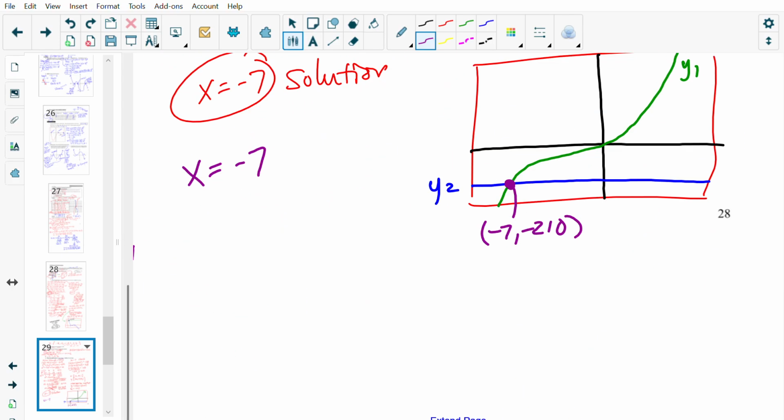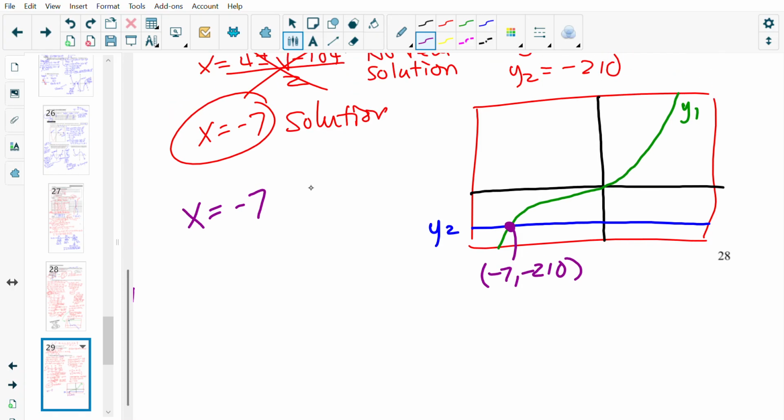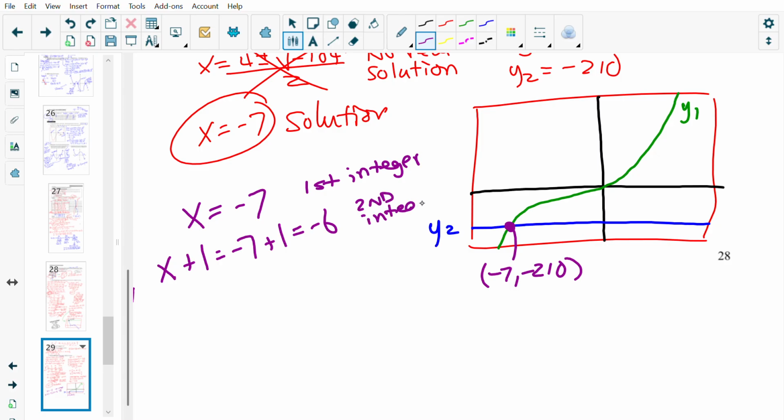Okay, let's make sure we determine the three integers. Okay, almost forgot to do that. First integer, this is the first integer. Second integer, x plus 1 equals -7 plus 1 equals -6. That's the second integer.